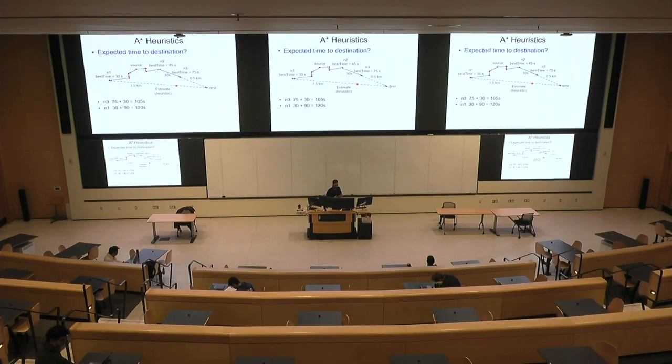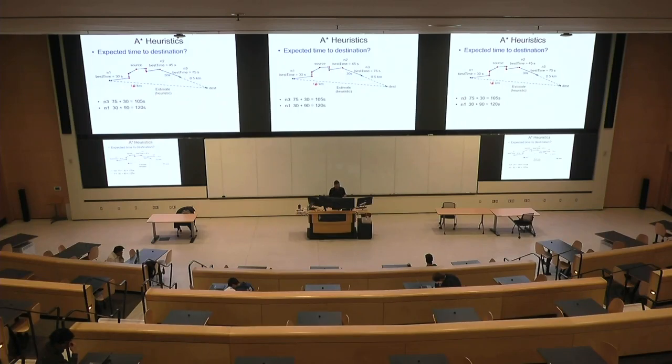So now we apply our approach, our heuristic, again. All we are doing here is just changing the cost function in Dijkstra. We're not doing any more code on top of it. For N3, we have 75 seconds, which is the best time to reach this node.